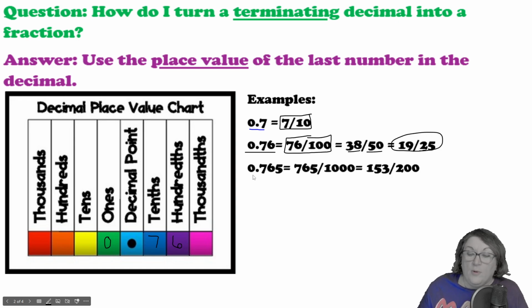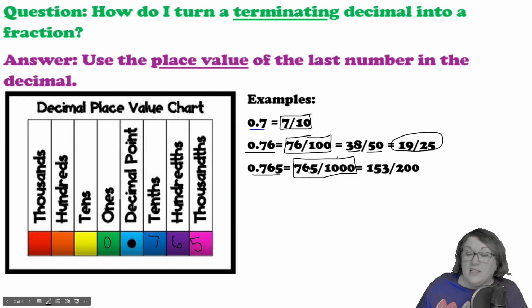Now for 0.765, we have 3 digits. So let's add that third digit here. That ends in the thousandths place, which means we're going to place 1,000 in our denominator and then simplify. This time I don't have even digits at the end, but I do have a 0 and a 5, which means I can divide 5 into both of those numbers evenly.